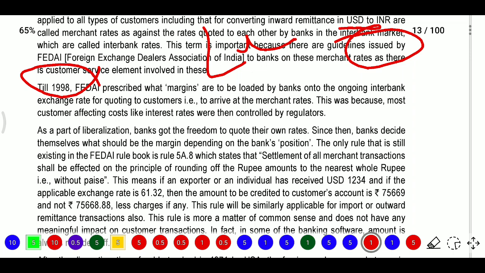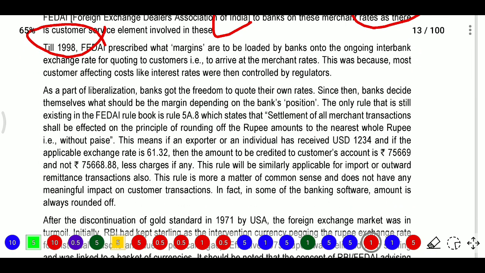This is because most customer-affecting costs, like interest rates, were then controlled by the regulator. As part of liberalization, banks got the freedom to quote their own rates. Since then, banks decide themselves what the margin should be, depending on the bank's position.